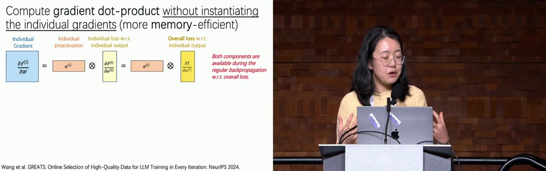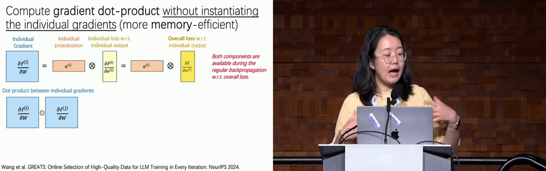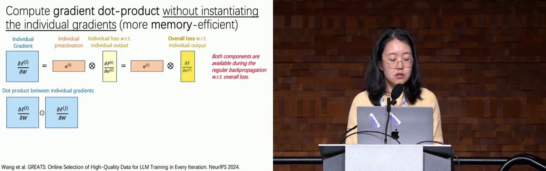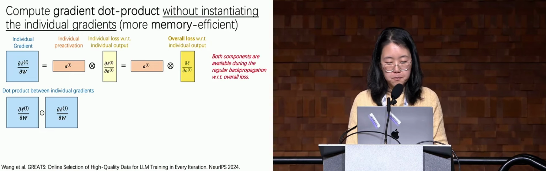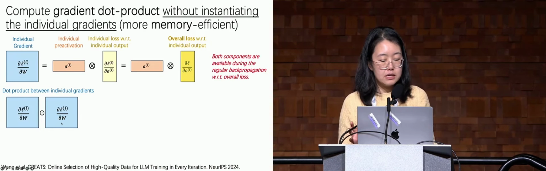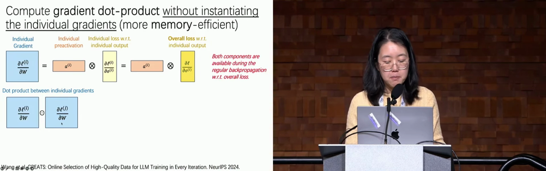So that's a fact we can utilize to recover the per-sample gradient just based on the aggregate loss gradient with respect to the output. And finally, we arrive at these two quantities and take their outer product, and both of these quantities are already available during backpropagation. Okay.